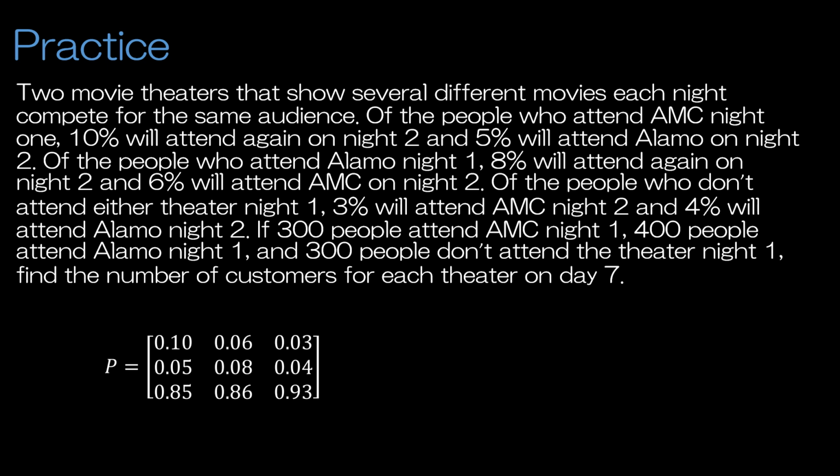And again, we can see that there are a total of 1,000 customers where 300 people attend AMC night 1, 400 attend Alamo, and 300 people don't attend the theater. So that's a total of 1,000 people. So we're going to write that again as a percent of the whole. So 300 divided by 1,000 and so forth.